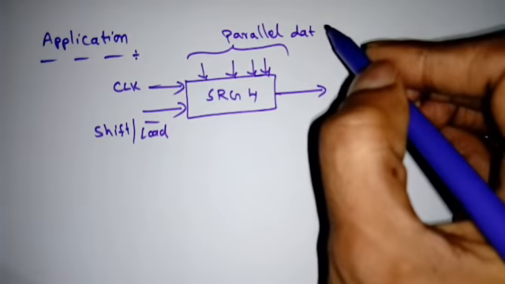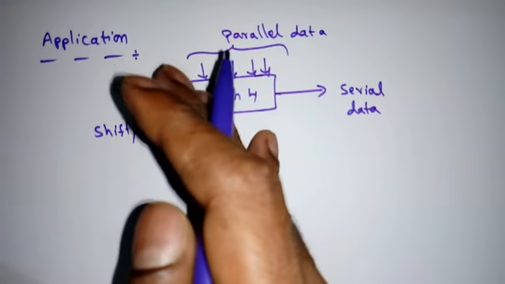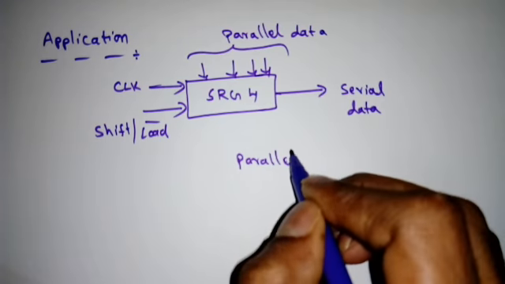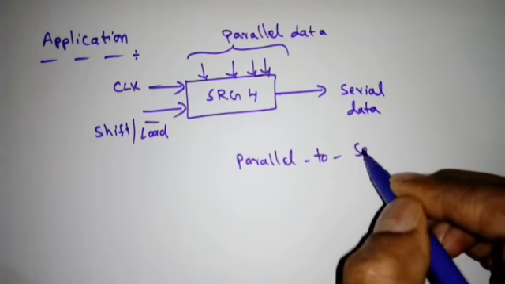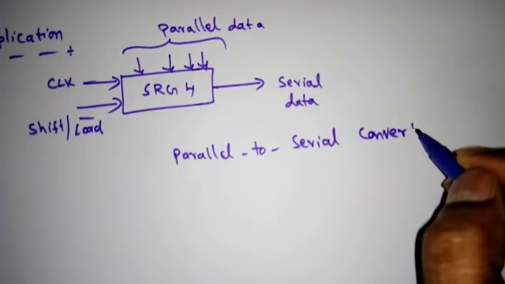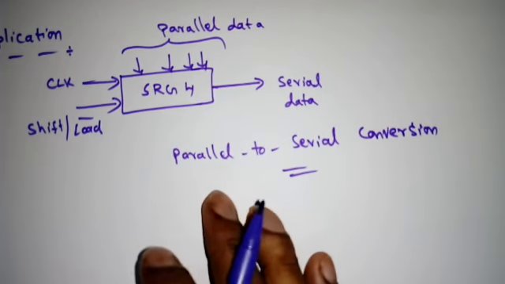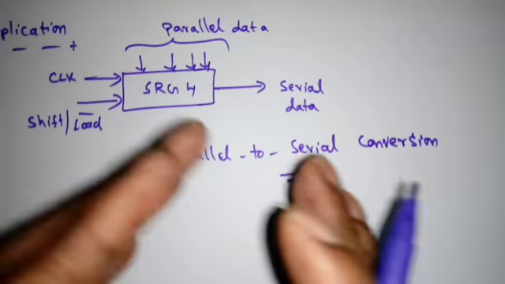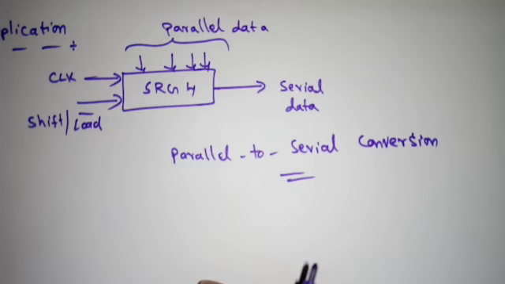What is happening here is that we are converting parallel data to serial data, a parallel to serial conversion. Whenever we require such a converter, we use this parallel in serial out shift register.